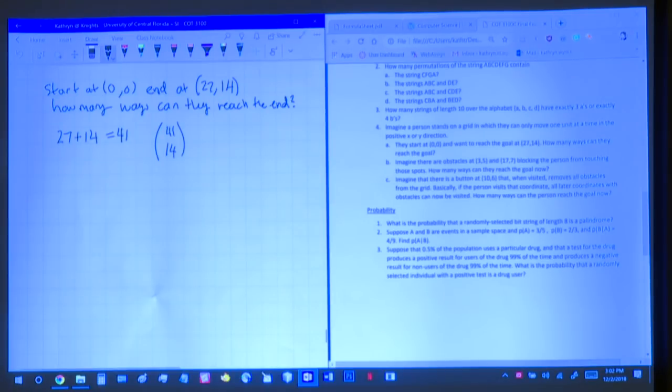So out of the 41 options, all we're basically saying is which ones is he going to move up versus right. Anytime he doesn't choose to move up, he's just going to move right by default. So the only different number of paths are the ones where he chooses to move up. Does that make sense?